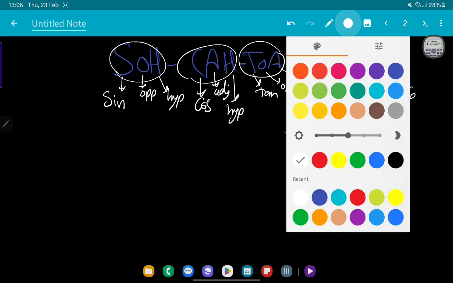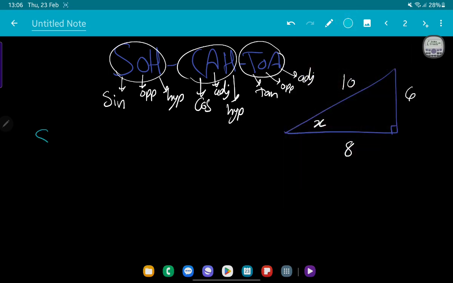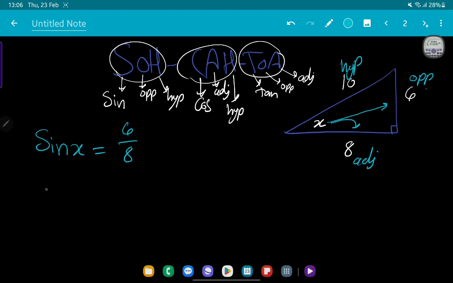If I asked you to find sine x, for example, you should look at this: sine is opposite over hypotenuse. Where are the opposite and the hypotenuse? This is x, so the opposite is 6, the adjacent is 8, and this is always the hypotenuse. So to take opposite over hypotenuse, you should take 6 over 10.